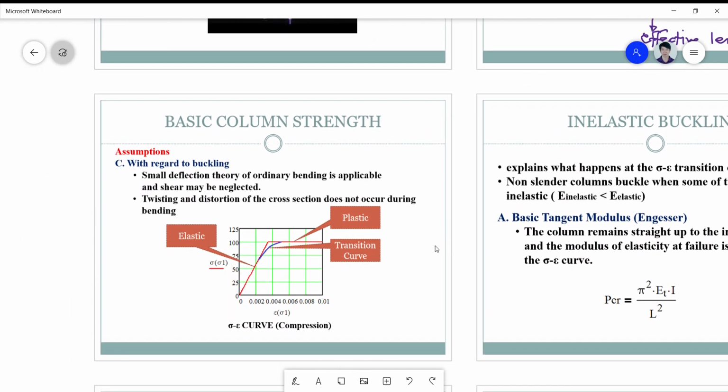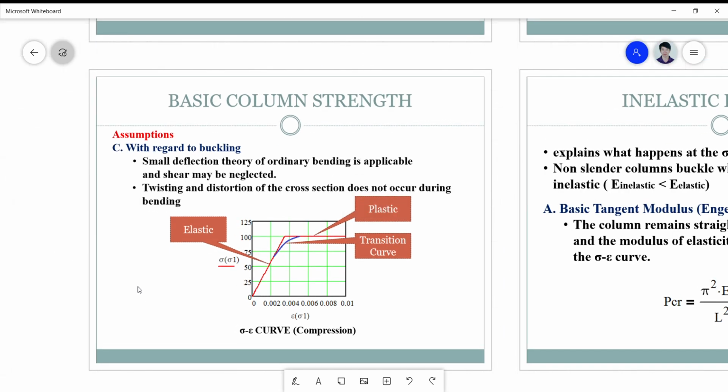So for the basic column strength assumption, letter C, this is with regard to buckling. The small deformation or deflection theory of ordinary bending is applicable, and shear may be neglected.